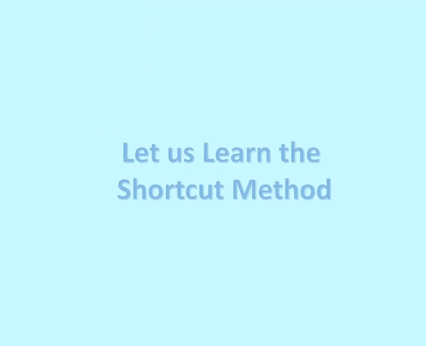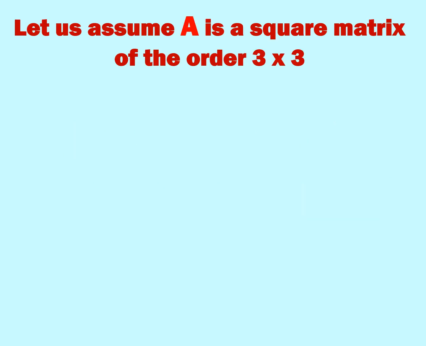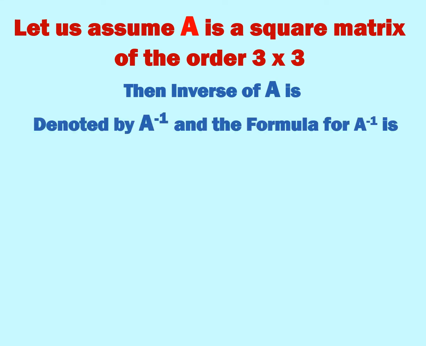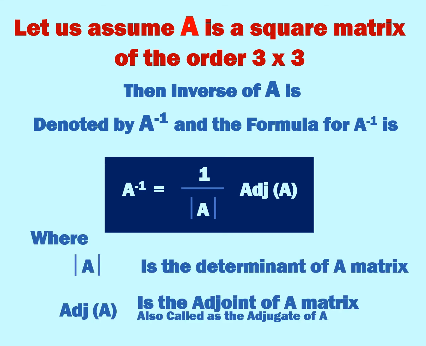Okay, now let us get back to learning our shortcut method. We assume that A is a square matrix of the order 3x3. Then the inverse of A is denoted by A to the power minus 1 and is given by the formula 1 over determinant of A matrix into the adjoint of A matrix.